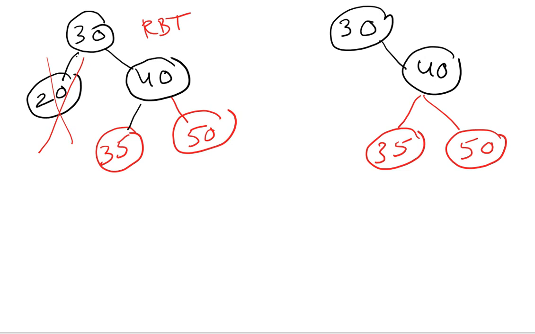If you see here, this is not a red black tree because the left subtree has only one black node, the root node. Here we have one. So we need to balance here.